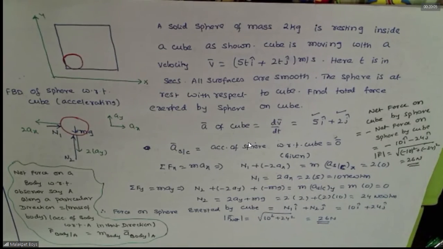Check with respect to whom you want to do the problem, the observer. After that, if that fellow is an accelerating fellow, include pseudo forces. Otherwise, don't take pseudo forces. After that, choose the axis. These are all the forces in the directions. So the net force in a particular direction with respect to a particular observer is mass of the body into acceleration of the body with respect to the observer in that particular direction. Understood this? Yes, sir.